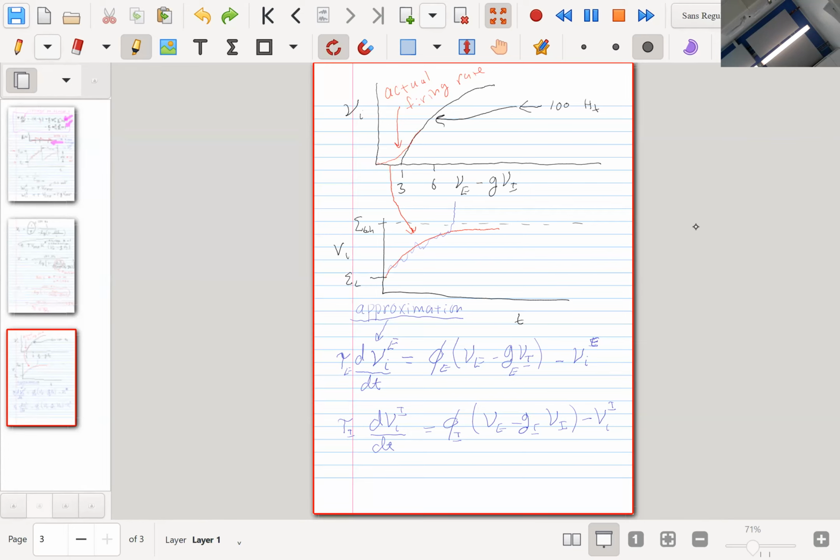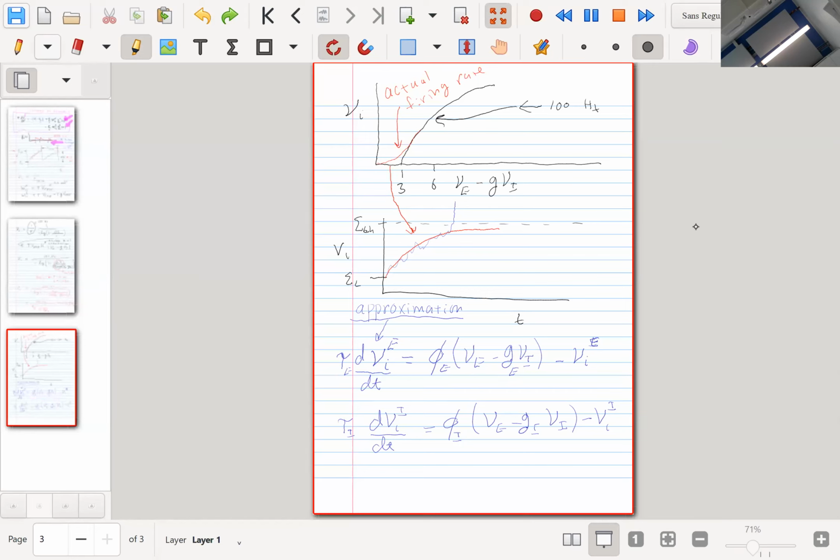One thing to take into account is that if we have n neurons, we have n equations, and n can be a million. But there's something very cool about this, and that is this term here doesn't depend on i. So what we're going to do is average both sides over i.